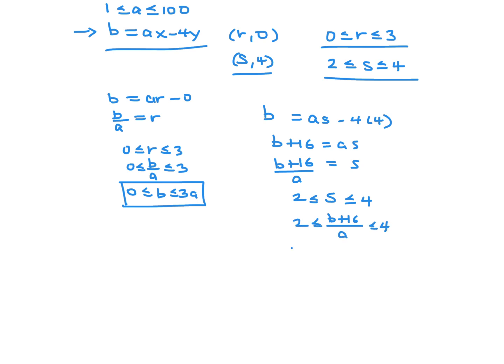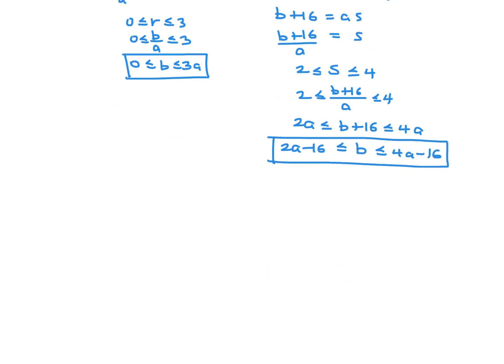And multiply through by a, and you get 2a is less than b plus 16 less than 4a. Let's see if I did that properly. Yeah. So then if you just want to isolate for b, it'll be 2a minus 16 and then 4a minus 16, I believe. Yes, so this is the second piece of the puzzle there. Okay, so that's not so bad.